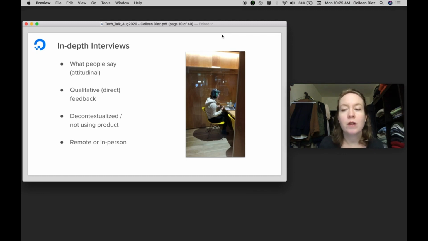So if you're not combining this with another method like usability testing, people are not necessarily using your product as you're speaking with them. The great thing about in-depth interviews, though, is that you can conduct them remotely or in person. And this is a photo of one of our UX designers conducting an in-depth interview from our research lab in the DigitalOcean office.